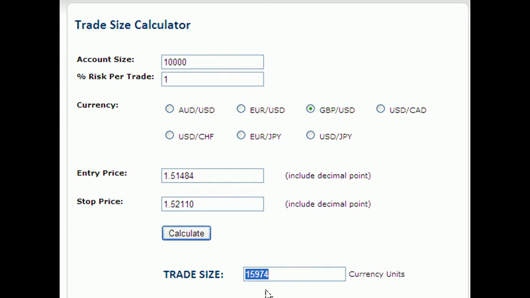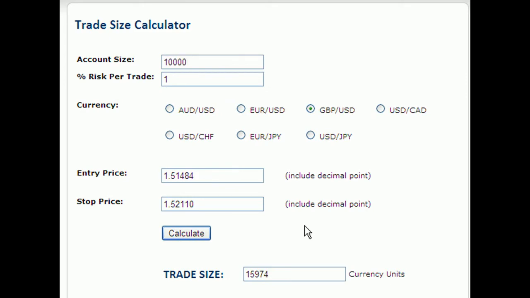It would probably be best to round down and probably just trade 10 to 15,000 currency units. But if your broker allows you to trade to the nearest 1,000 currency units, then obviously the choice here is 16,000 units. It's so close to 16,000 units that you would do that. Or if you wanted to be very conservative, just do 15,000 and just round it down to a nice round number there. But the point here is that the trade size calculator tells you the exact amount of currency units that you should be trading in order to risk the percentage risk that you've specified of your account.